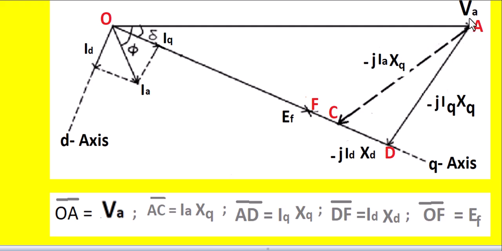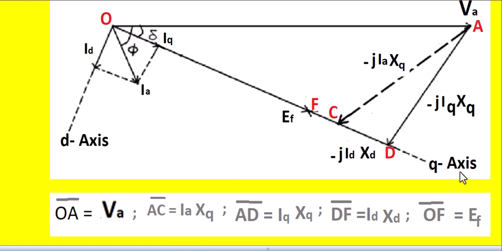Now calculate the voltage drop Ia into Xq, and from A draw a line AC which represents minus j Ia Xq, perpendicular to the Ia vector. This will fix the direction of the Q axis and also the direction of the Ef. So from O, draw a line passing through the point C.